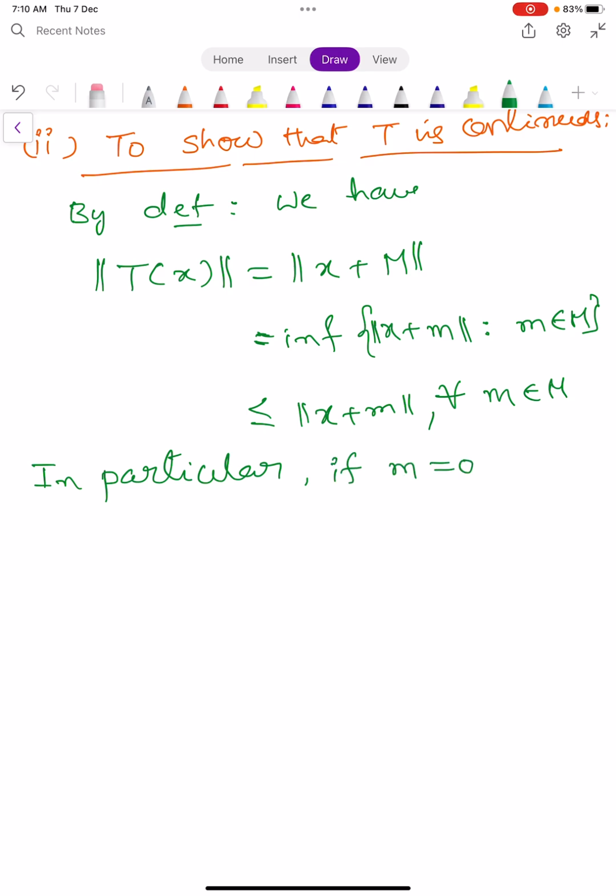If small m is equal to 0, then norm T of x is less than or equal to norm x.